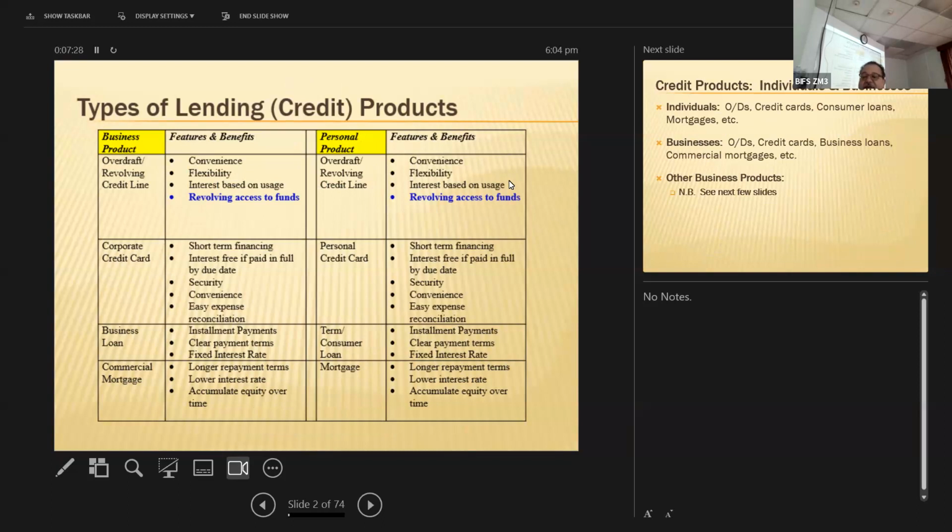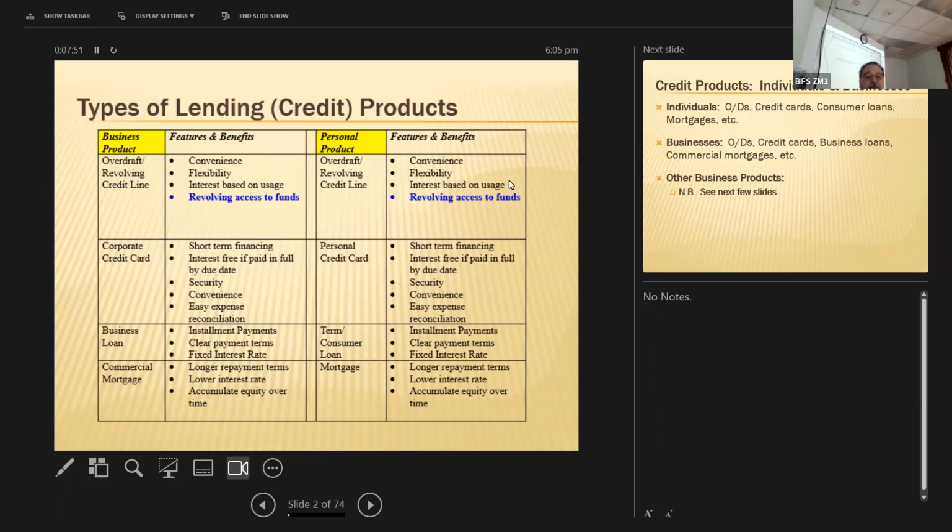So we said there were overdrafts, credit cards for both, term loans for both, mortgages for both, and they were similar. And we added a fourth when you go back up to overdrafts or revolving credit lines. We said revolving access to funds for both of those products.